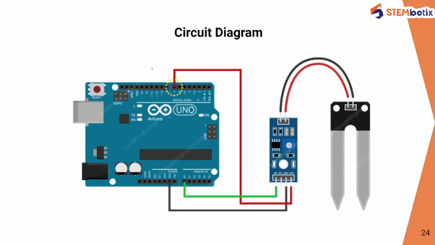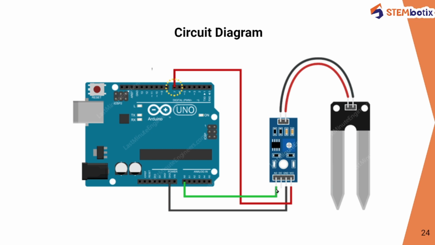So this is the circuit diagram. First, this pin is going to be connected with one of the pins here, and the remaining pin will be connected to the remaining pin on this sensor. After that these four pins are going to be connected, but here we are going to use the A0 pin only.